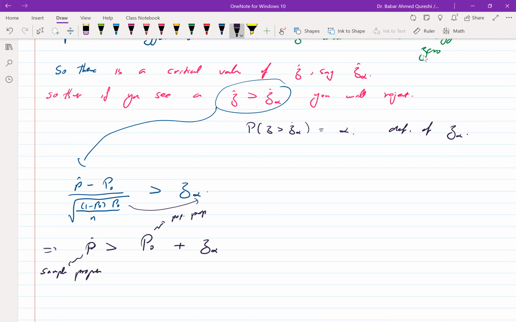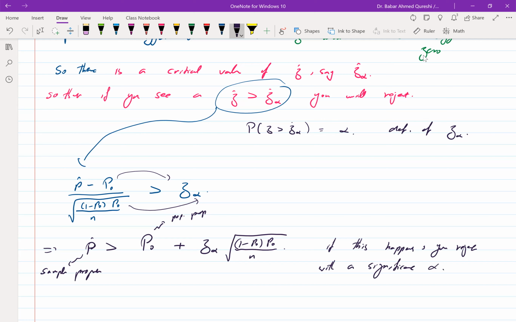I just took it to this side and brought it here. So if this happens, then you reject with a significance alpha.